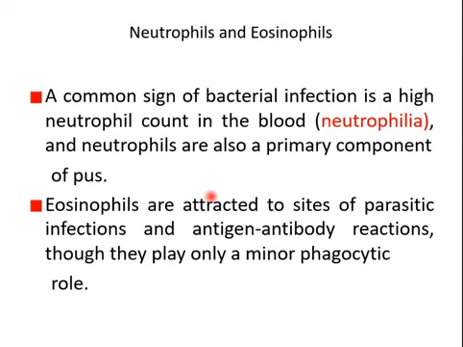Neutrophils are a primary component of pus. In contrast, eosinophil plays a minor phagocytic role compared with the neutrophil, but it is attracted to the site of parasite infections and antigen-antibody reactions.